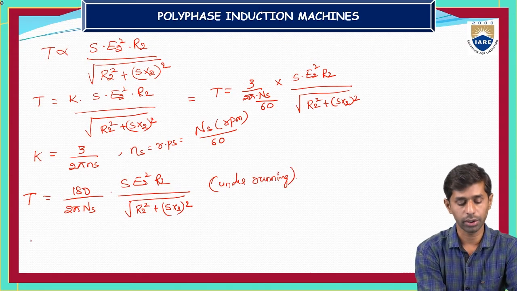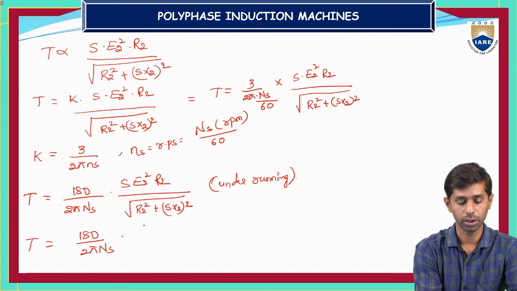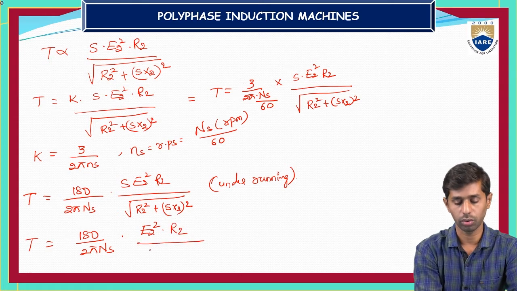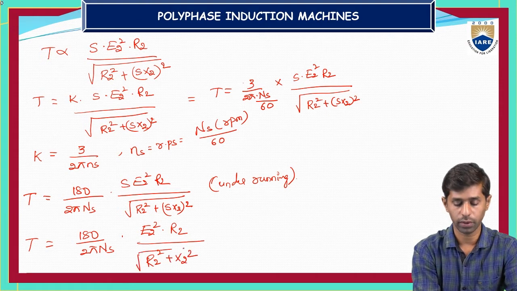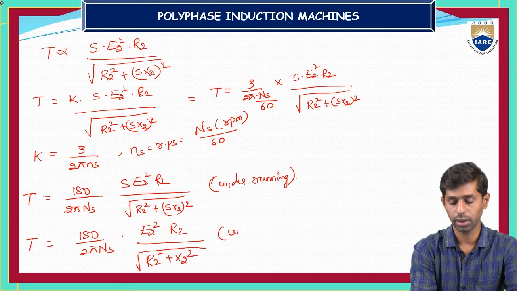At the starting condition, simply S becomes 1. Torque, slip becomes 1, that is 180 by 2 pi Ns, that is the proportionality constant K, into E2 square, slip becomes 1, that is 1, R2 by R2 square plus X2 square, the impedance of the rotor winding at starting condition.